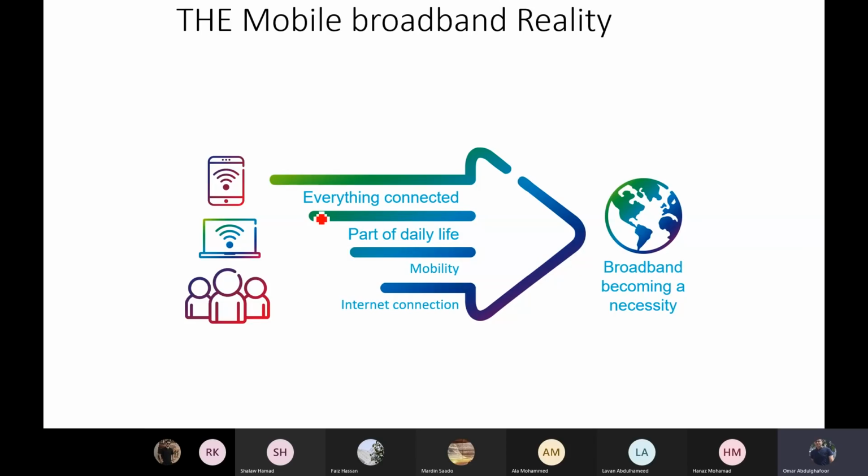This is the mobile broadband reality. Everything is connected, which is good, and sometimes not good. One of the real challenges for 5G is security and privacy, because we will be connected to every single point, like IoT, the Internet of Things.